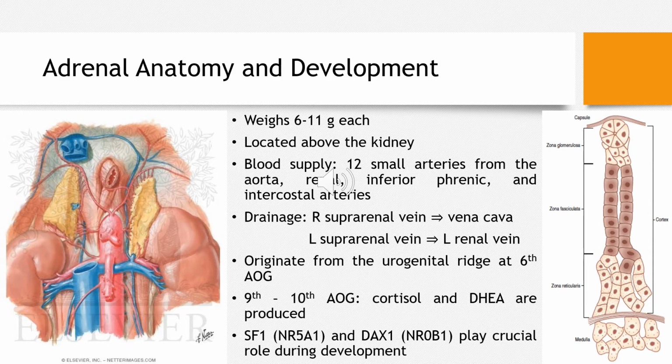I have mentioned a while ago the three layers of the adrenal cortex, and these also produce the three classes of corticosteroid hormones, namely glucocorticoids, the most common example of which is cortisol, mineralocorticoids, an example of which is aldosterone, and adrenal androgen precursors. I have mentioned DHEA or dehydroepiandrosterone.